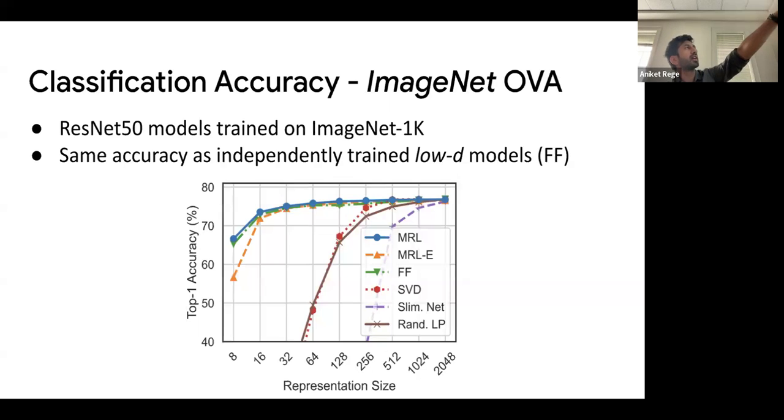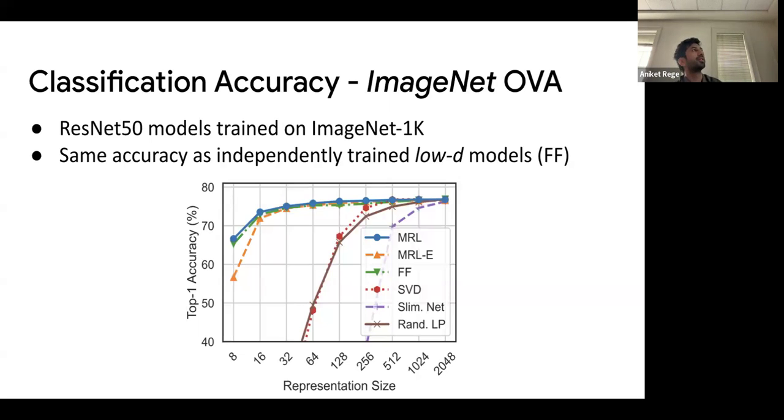The orange line you can see here is something we call MRL-E, where E stands for efficient. The efficiency there is that instead of having multiple heads at each representation size, you can just have a single one and do weight tying across all of them. That can add some parameter efficiency, but you then suffer a little bit because you lose that sense of independence of heads.